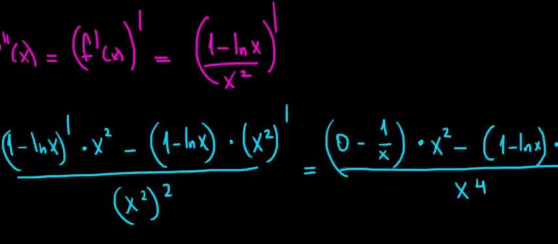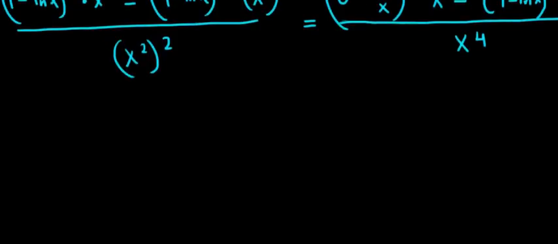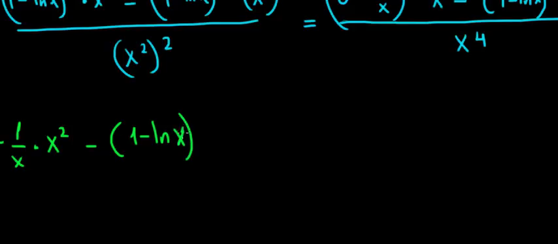Alright, let's keep going. 0 minus 1 over x, that's just minus 1 over x. So we have minus 1 over x times x squared minus, and here we have 1 minus ln of x times 2x divided by x to the power of 4.